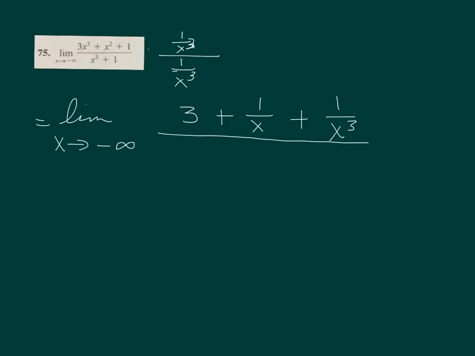So that's our new numerator. And then the denominator, x cubed times 1 over x cubed, is 1. And 1 times 1 over x cubed is 1 over x cubed.